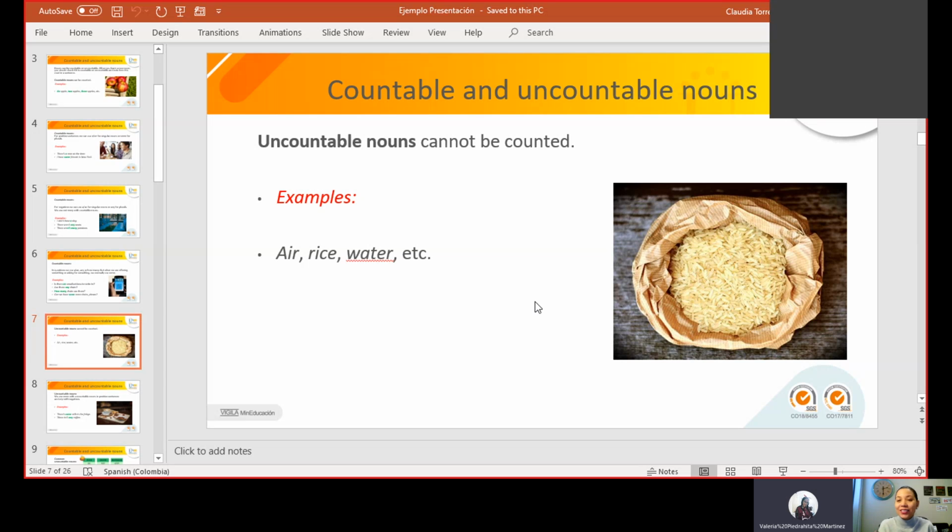So to count rice, you need quantifiers. For example, you can say a bag of rice, or a cup of rice. When you're cooking, you need a cup of rice as the measure.